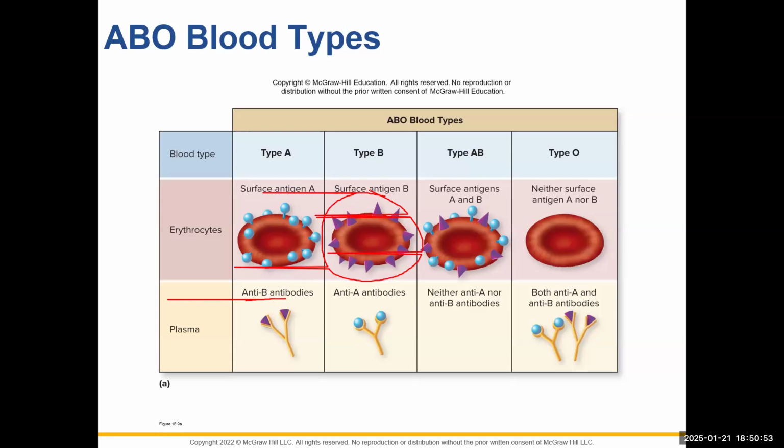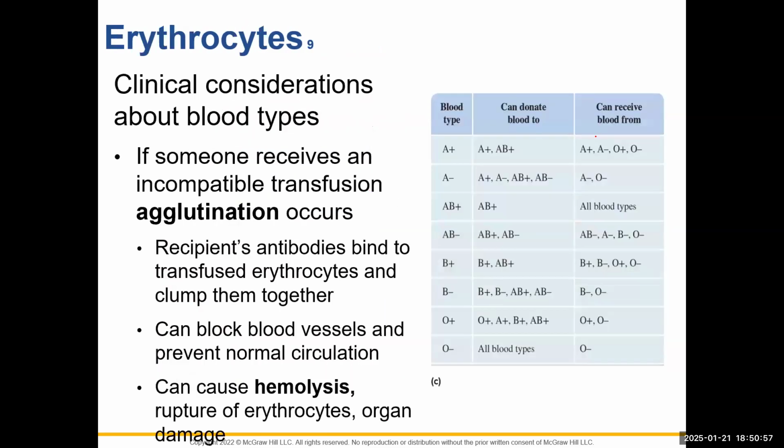I do not want to receive blood from type B. If you don't believe me, look here. I can receive blood from these individuals, but you notice B isn't on there. That's because I carry the antibodies for the surface antigen B, so I don't want to get that blood from that individual.